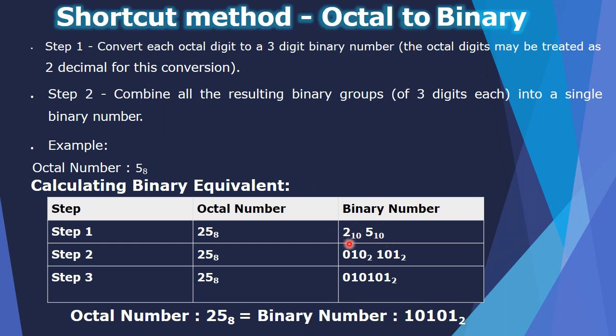So here 2 to the base 10 means 010, and then 5 to the base 10 means what? 101 to the base 2 in binary number system. So now 010 and then 101, your answer is 10101 to the base 2.